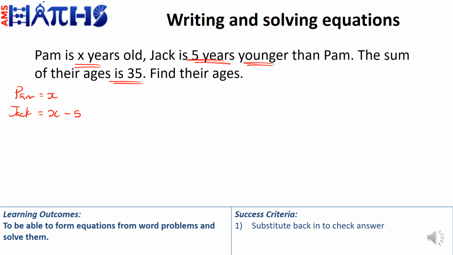Then it says the sum of their ages is 35. So we'll have to add Pam's age to Jack's age. And they said the sum of both their ages is 35. So now we'll simplify. We have 1x and 1x, which is 2x, and our minus 5 remains, and that's equal to 35.